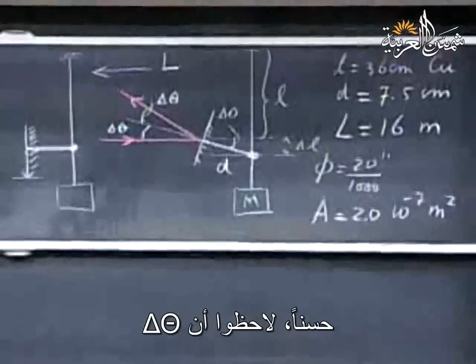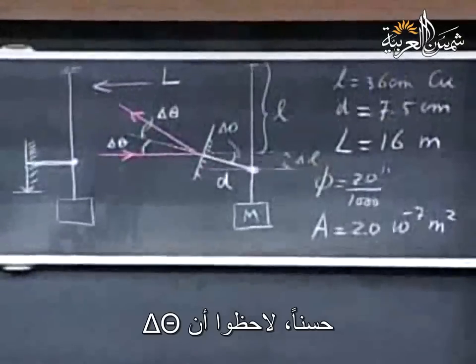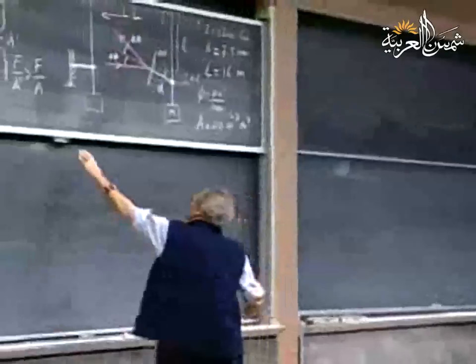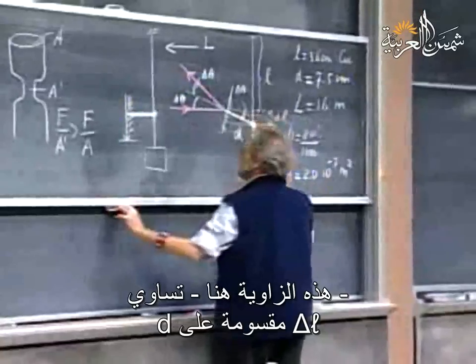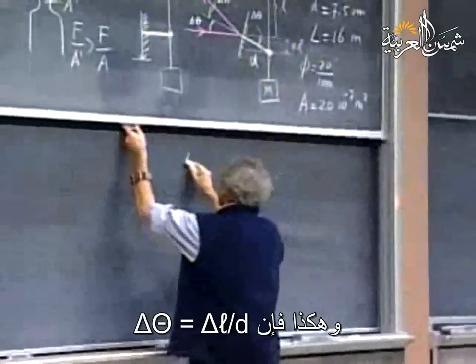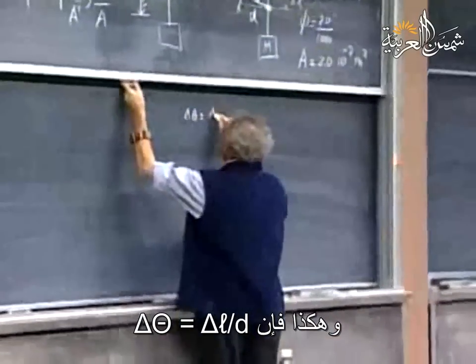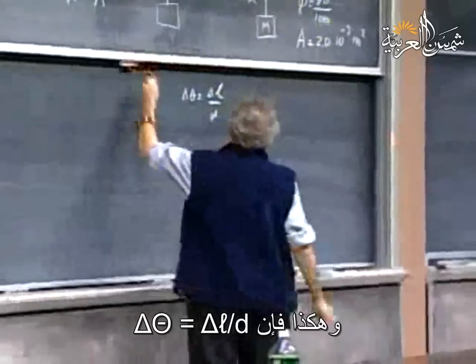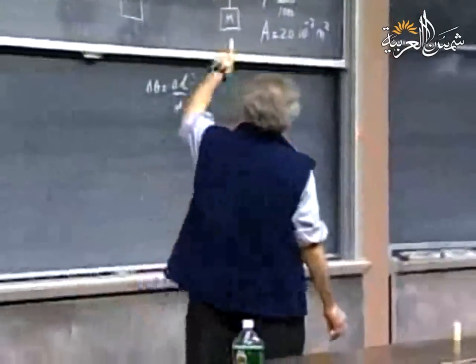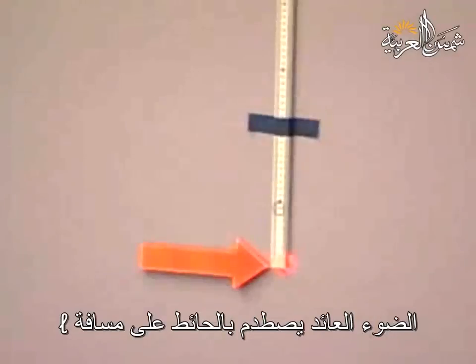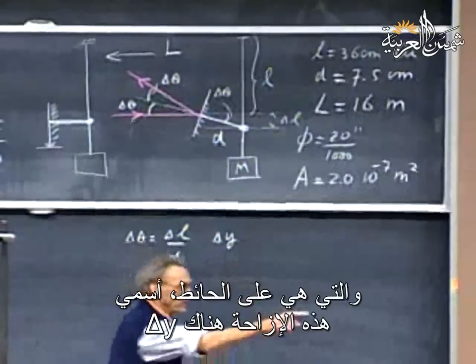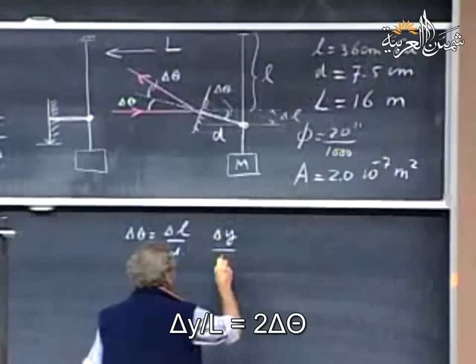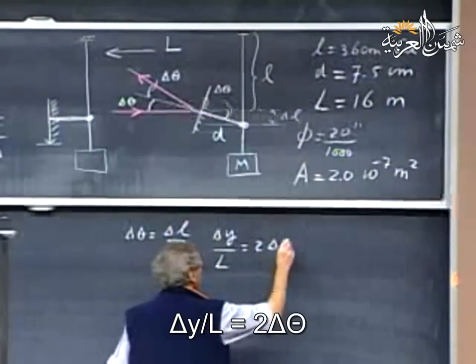All right. Notice that this angle, delta theta, is delta L divided by D. So delta theta equals delta L divided by D. The light that returns hits the wall there at a distance L. So the displacement at the wall, delta y, divided by L, will be 2 delta theta.